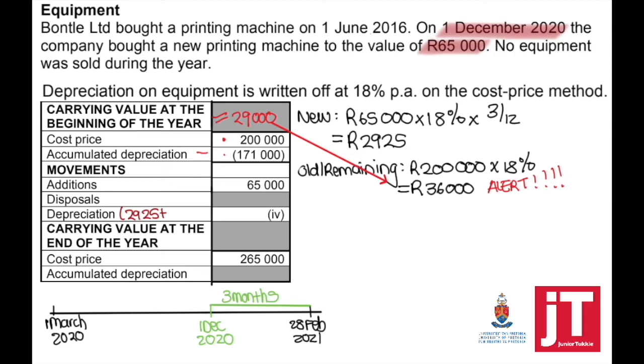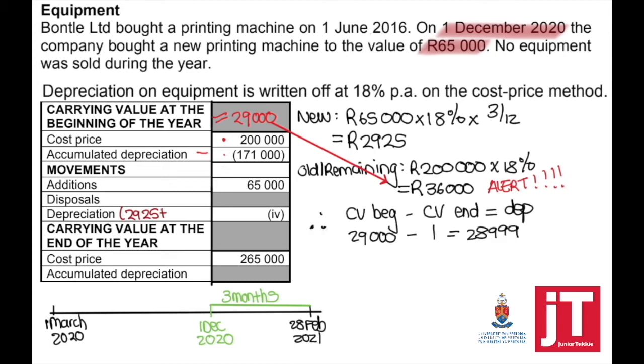Now they specifically say to you, bought a printing machine. That refers to one printing machine. So it means that the carrying value at the end should be 1. A reminder, in the previous activity, we had 3 computers. So we said the carrying value at the end should then be equal to 3. It's always times the number of items or assets which you've got.